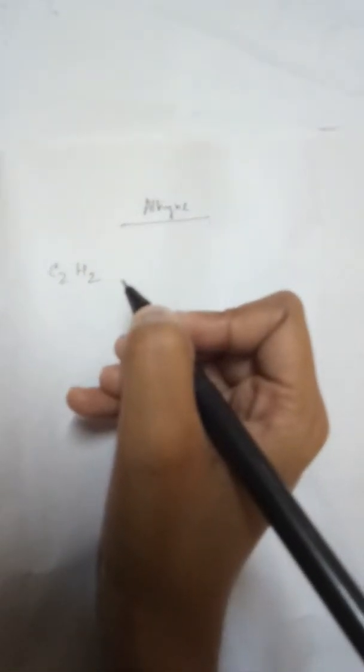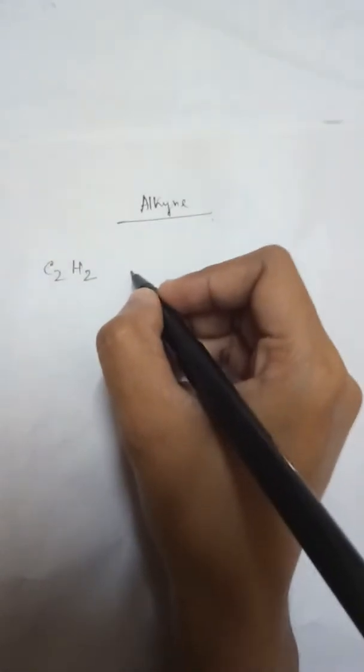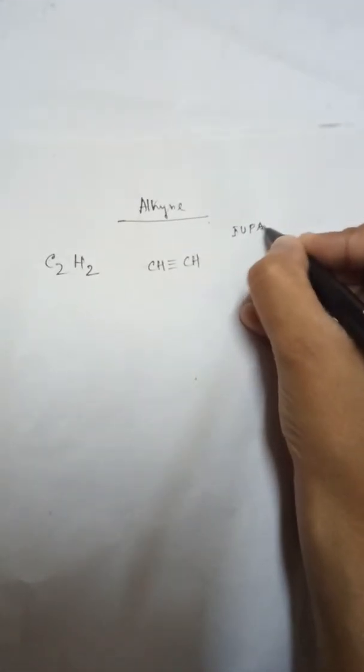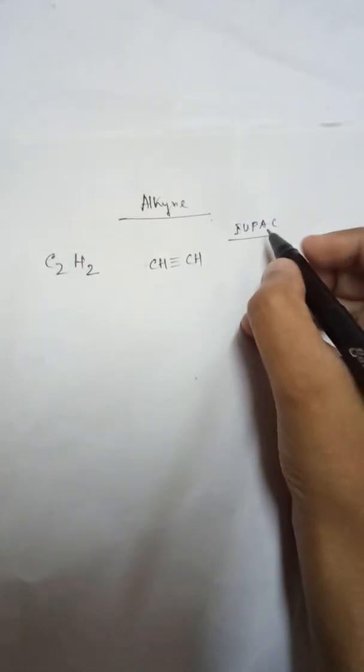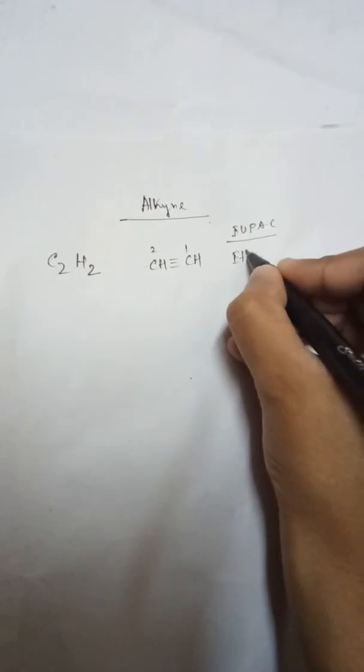Alkyne compounds. So the first example we have seen is C2H2, right? The first common example was C2H2, the acetylene group. The structure was CH triple bond CH. The IUPAC name of this compound: 2 carbon atoms, so root name eth.